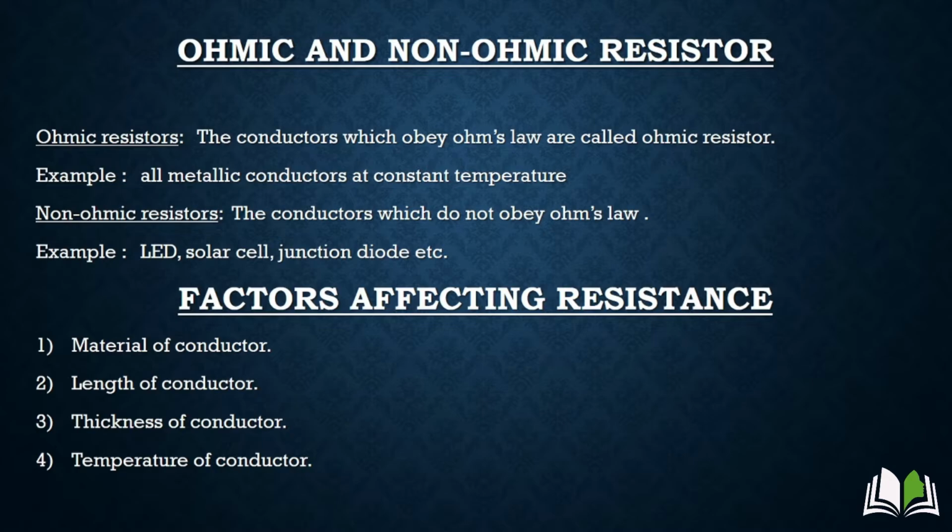What is the reason behind this? As the temperature is higher, the collisions are higher, so the resistance is high when it is glowing, and the resistance is less when it is not glowing. So these are the main four factors affecting the resistance of a conductor.